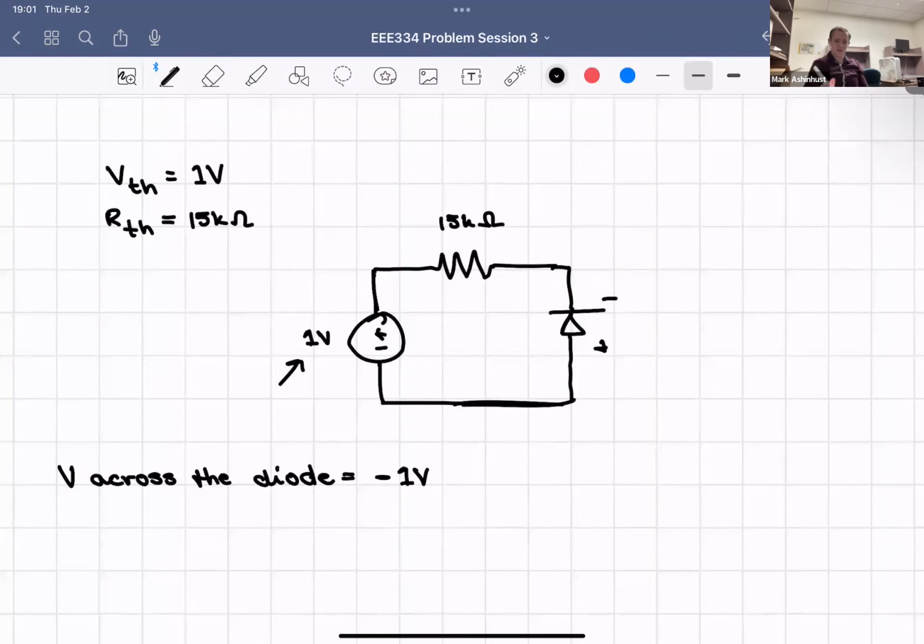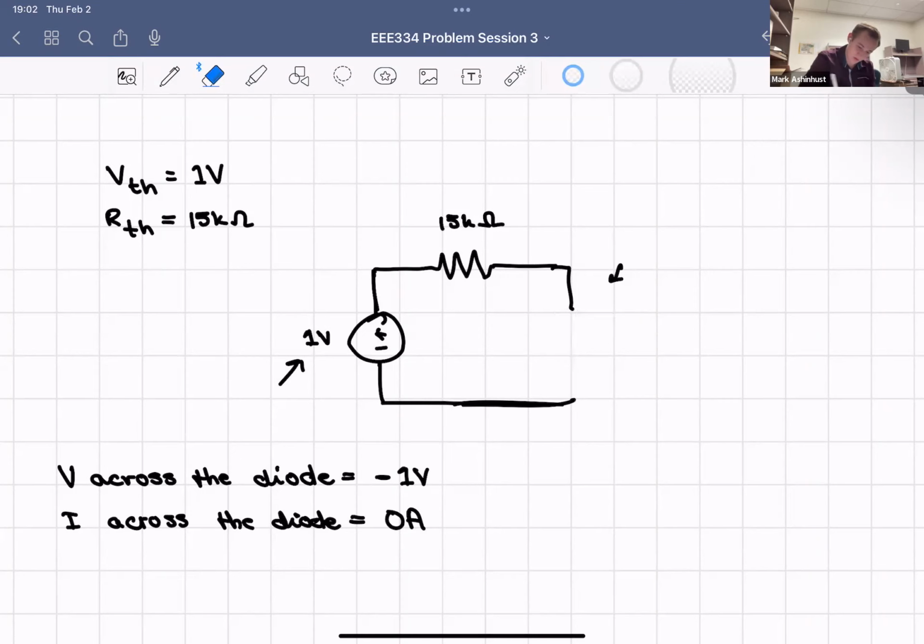This means that since that -1 volt, the cathode here is going to be at a higher potential than the anode. And since this is in this way, it'll be at a higher potential here. This is going to be reverse biased, so it's going to be open there. So really, this means that the current, so I across the diode, is going to be 0 amps, because this is reverse bias.